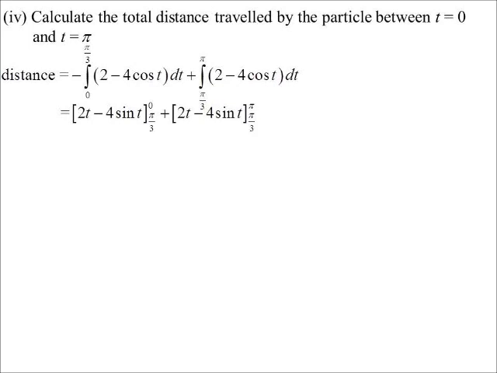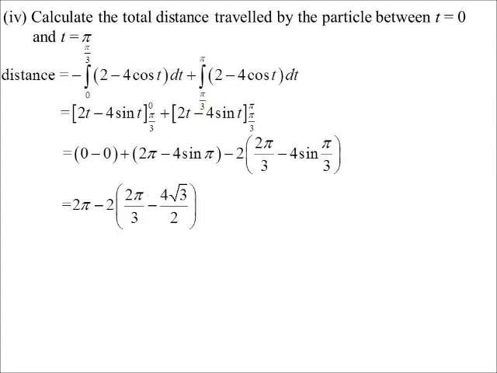So all it means is now I'm going to subtract twice when I sub in pi on 3. So it'll be sub in 0, sub in pi, minus twice sub in pi on 3. And when we calculate that, oh, look at this lovely answer. Oh, beautiful. 4 root 3 plus 2 pi on 3 metres. Yeah, go on, measure that.